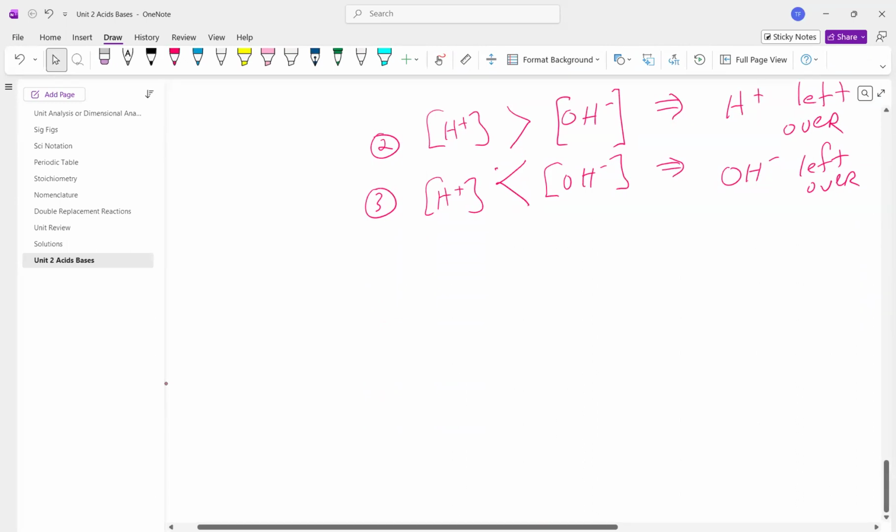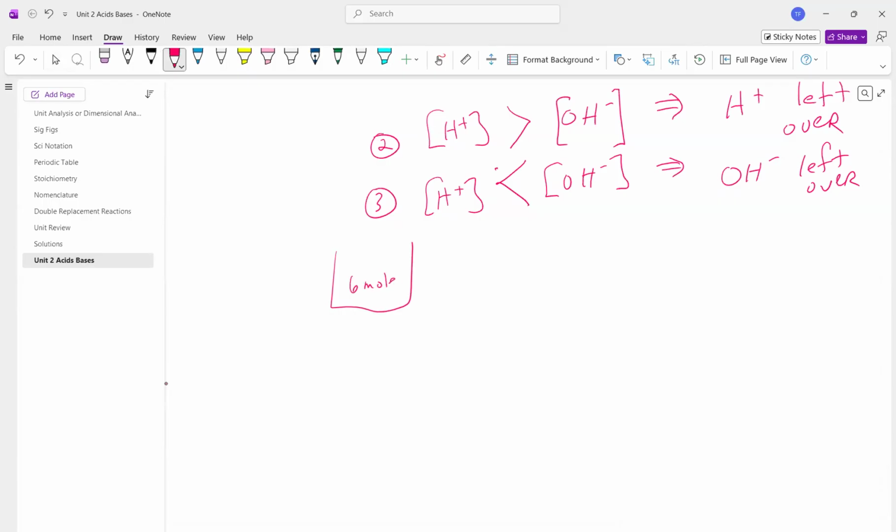All right, so let's say we had 6 moles of HCl in a half liter of water and 3 moles of sodium hydroxide in half a liter of water.